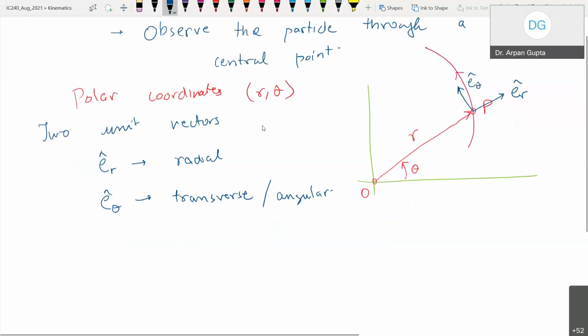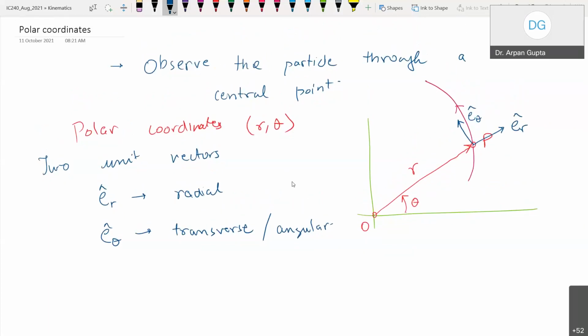Now, the next thing is, if this particle moves to some other point, let's say somewhere here, the whole directions will change. So er cap will change, e theta cap will change. So this is going to be your er cap prime, and then you'll have this as e theta cap prime.